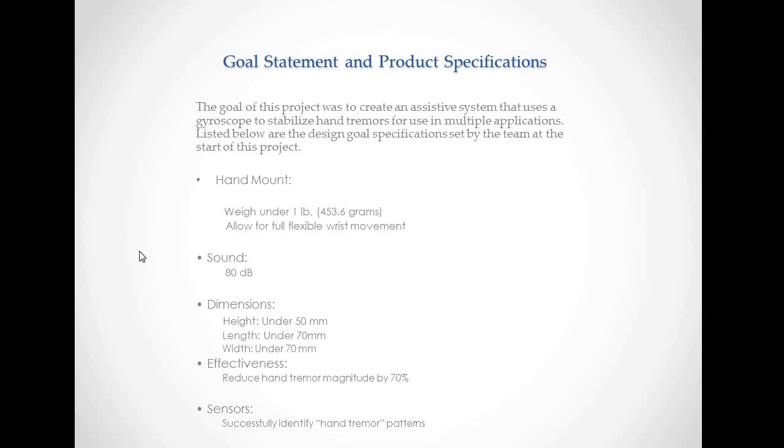The weight of the part of the project is near to 1 pound, and it allows for full flexible wrist movement. The sound of the gyroscope rotation is near 80 decibel. Dimension of the project, you see that, and effectiveness and sensors.